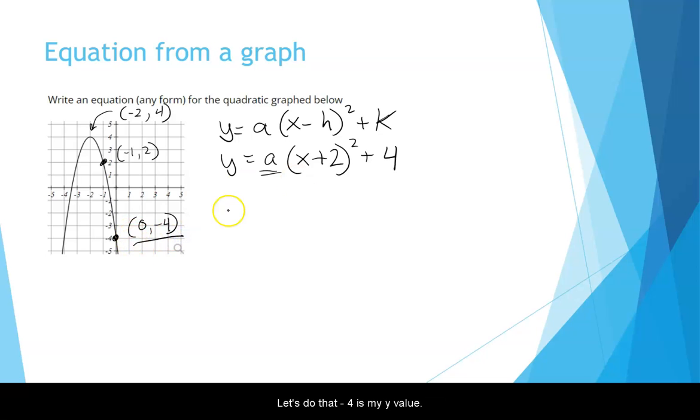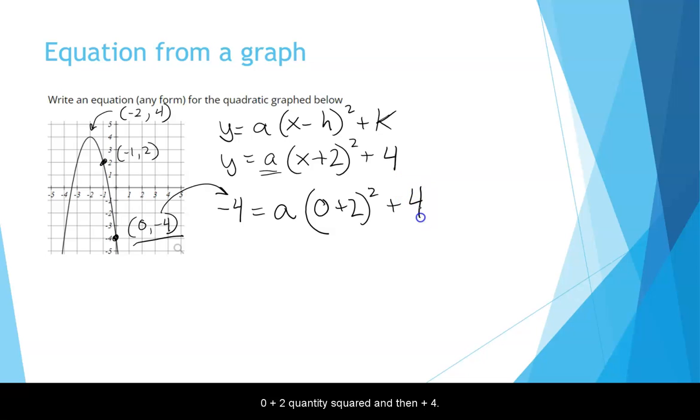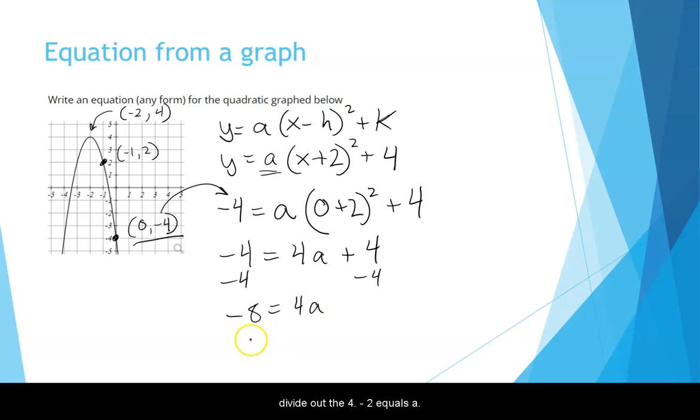Let's do that. -4 is my y value, so I just plug that in, equals a, which I still don't know, times 0 plus 2 quantity squared, and then plus 4. 0 plus 2 is just 2, so we have -4 equals 2 squared, which is 4a plus 4. Subtract 4 on both sides, -8 equals 4a, divide out the 4, -2 equals a.